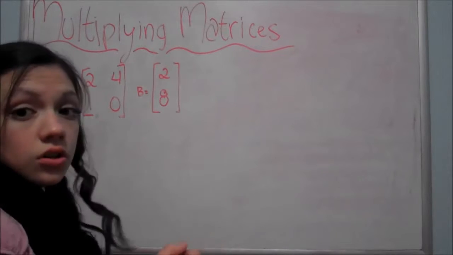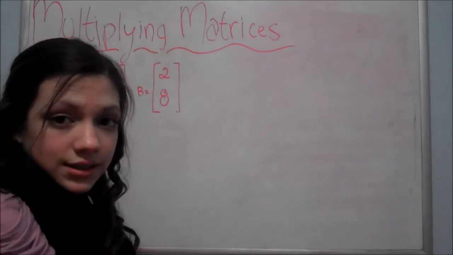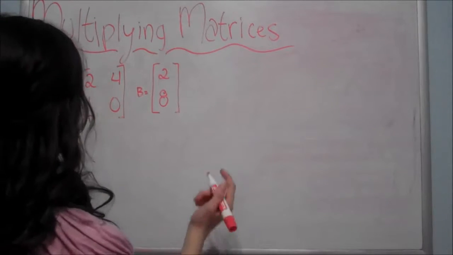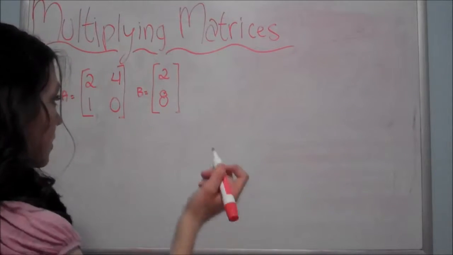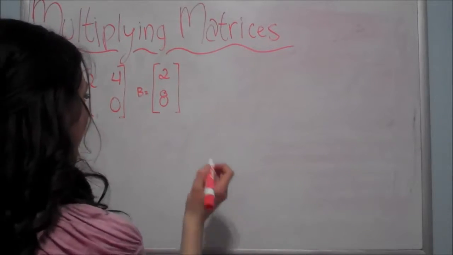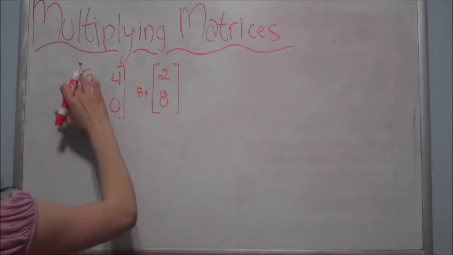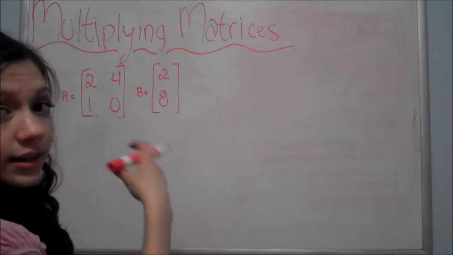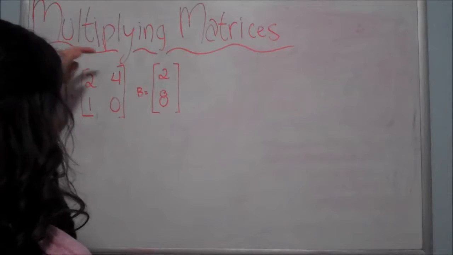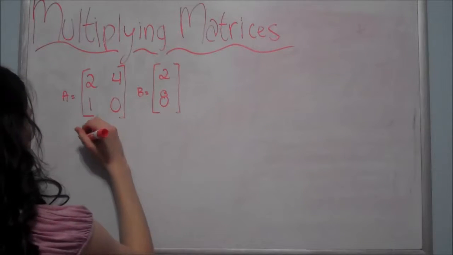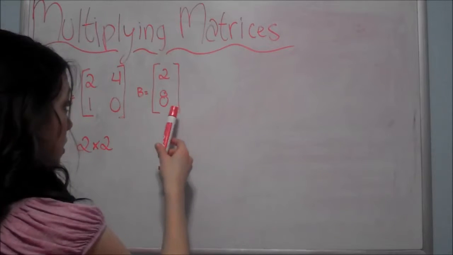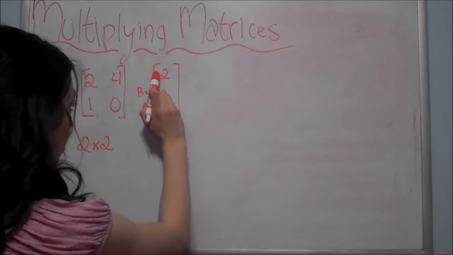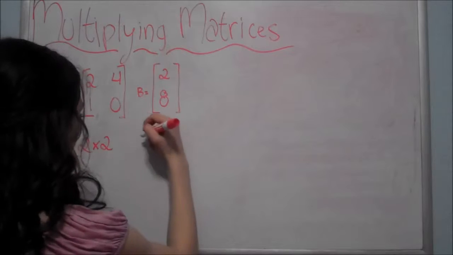Okay, so now that you have the two matrices, we're going to first see if it's even possible to solve this equation. You can see this is a 2 by 2 matrix because there are 2 rows and 2 columns. And this has 2 rows and 1 column, so that's a 2 by 1 matrix.